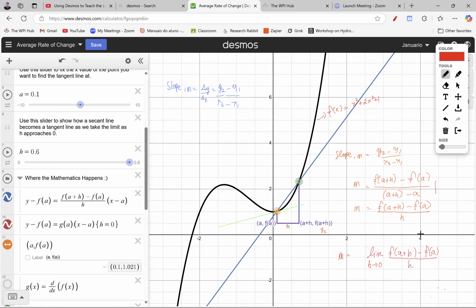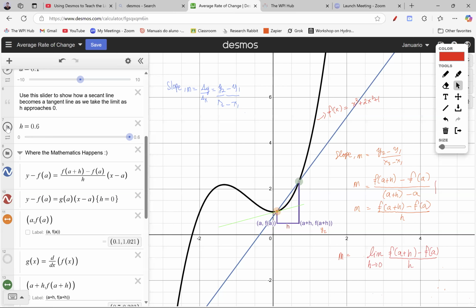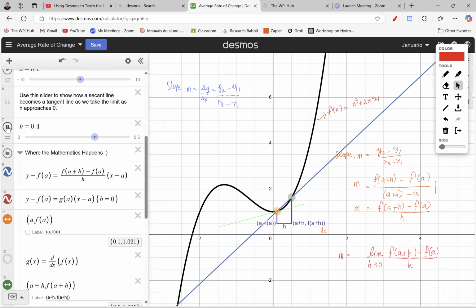So basically, this is the definition of derivative. The derivative is basically finding the slope of a tangent line. That's what derivative is technically. If you were to make this smaller and smaller, this will go down, down, down, down.